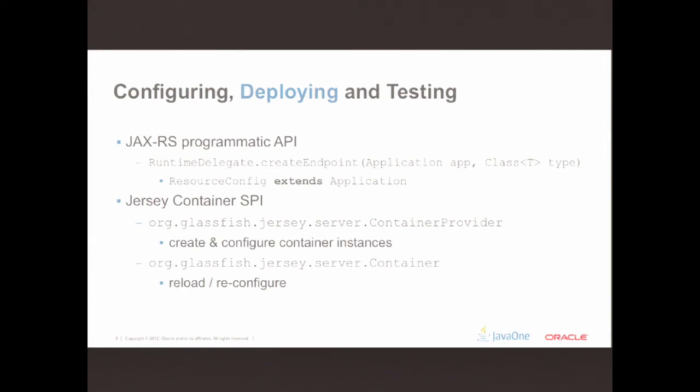One is a container provider, which basically lets you create a container, and then the container, which represents the instance of the container and lets you do interesting things like start, stop, but more interesting, reload or reconfigure.